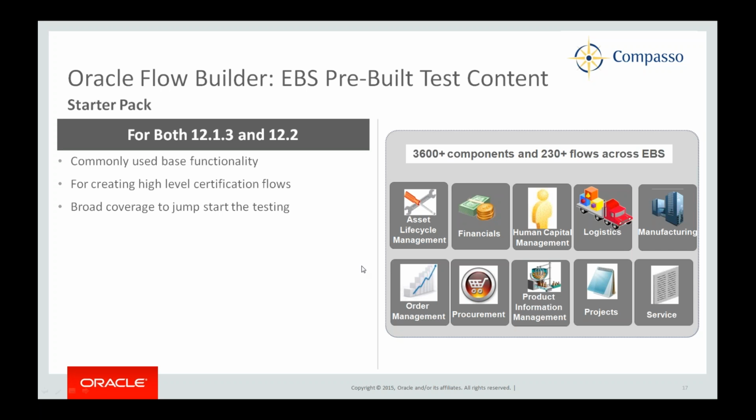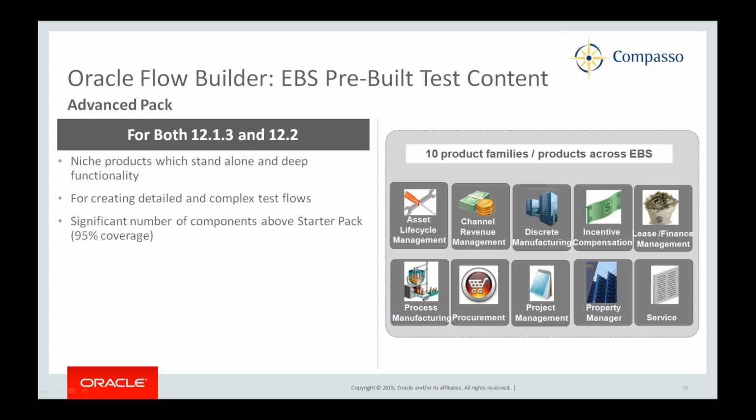We have order to cash, we have P2P, procure to pay flows. Those are really certifying and making sure things work. So definitely, we have many of those. And also you get a lot of flows in the advanced pack. So we have a detailed link that would tell you what is available and make sure that you are covered in terms of what you're looking for.